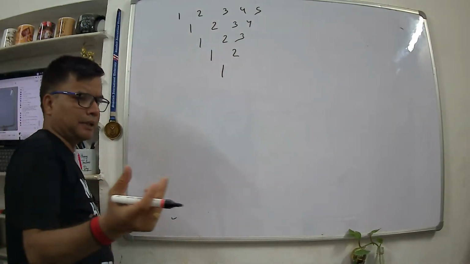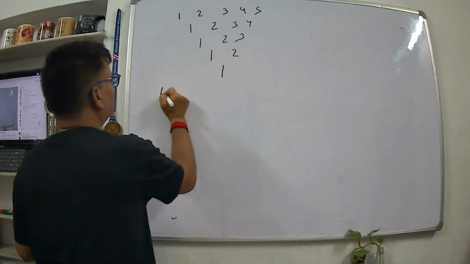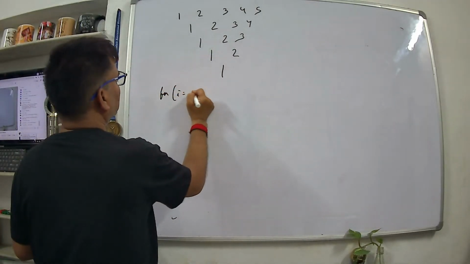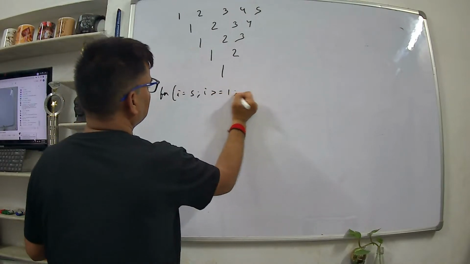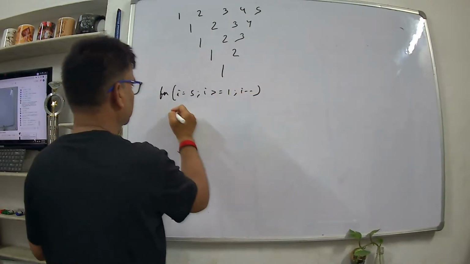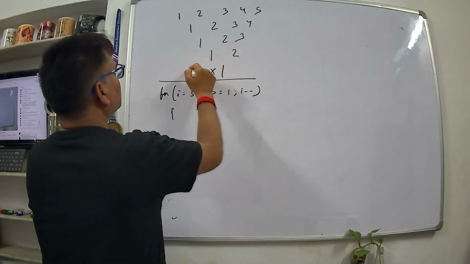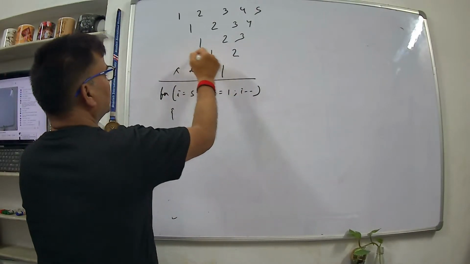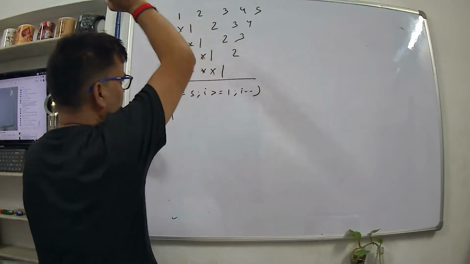Also, just a pattern, a diamond shape which was there, for i equal to 5, i greater than equal to 1, i minus minus. Here, the logic is that 1, 2, 3, 4 blanks, 1, 2, 3 blank, 1, 2 blank, 1 blank, and 0 blank.